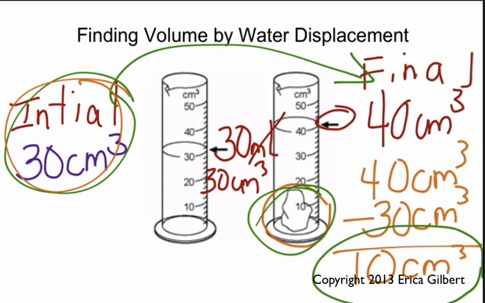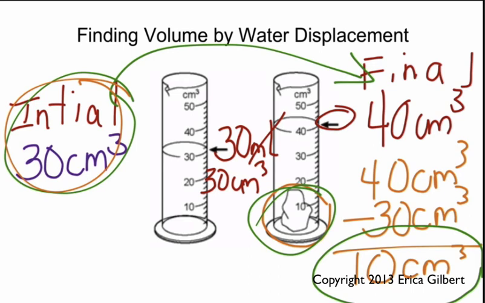Slide it in there and then record your final volume. And then once you record your final volume, you'll subtract your initial volume from your final volume, and that will give you the actual volume of the object that you were trying to find the volume for.